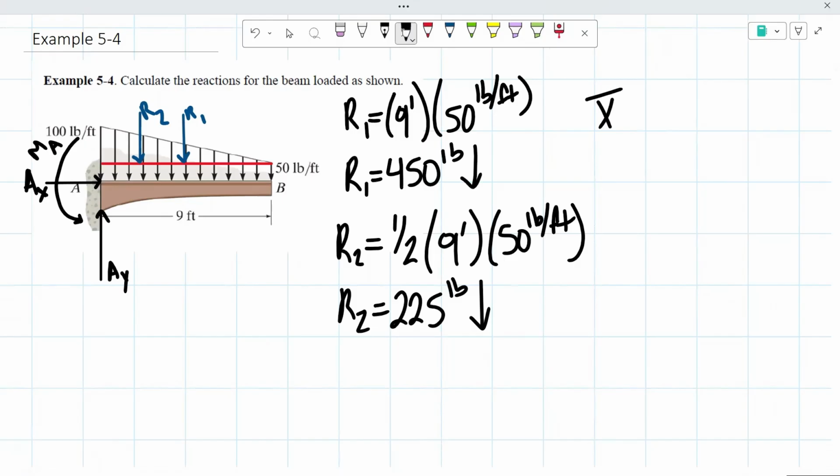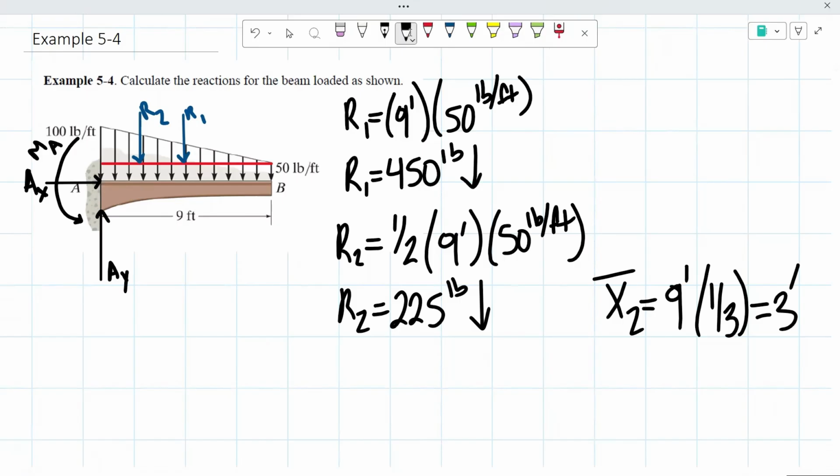So the location for the second one is equal to 9 feet times 1/3. So we end up getting that location is at 3 feet from point A.